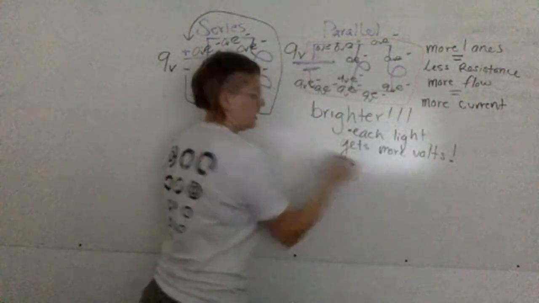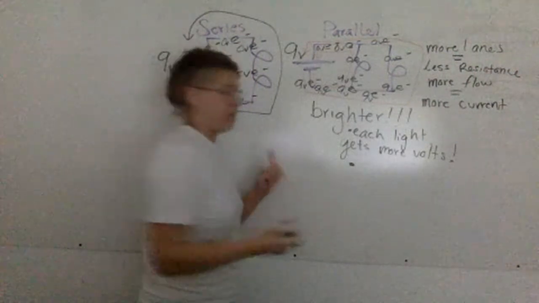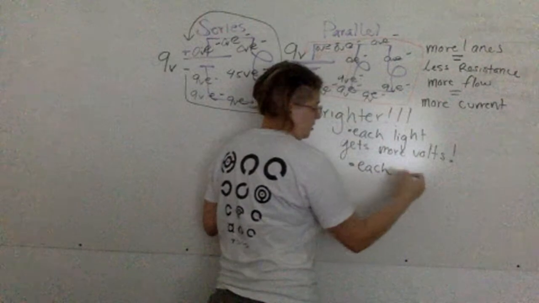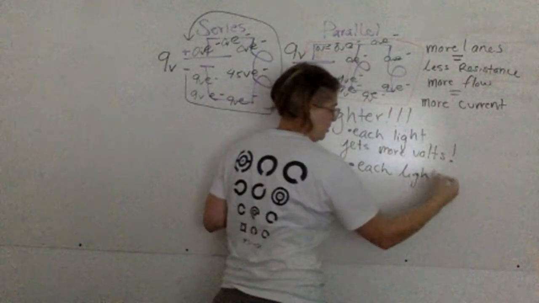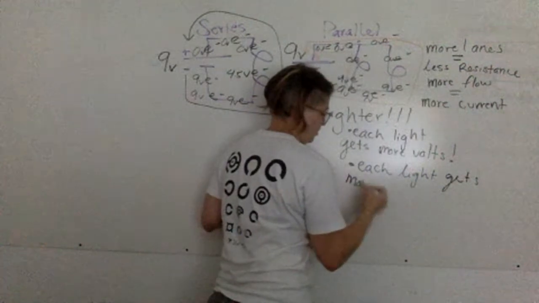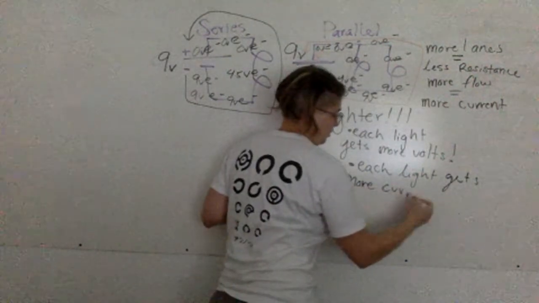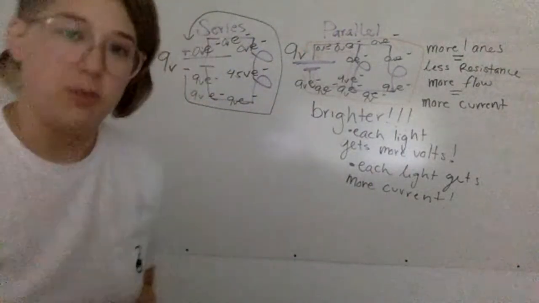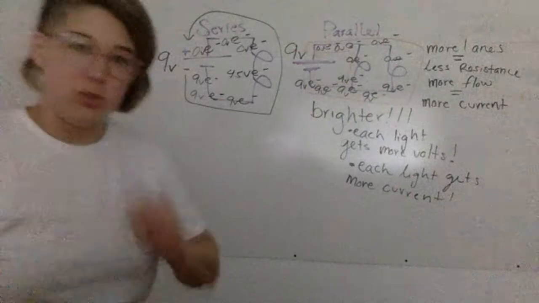And this is the second reason why it's much brighter. So because each light also gets more current. So the reason why these parallel ones are brighter is a twofold reason.